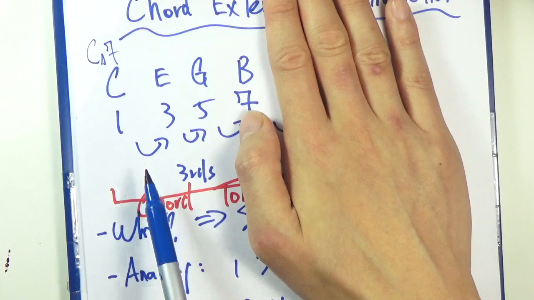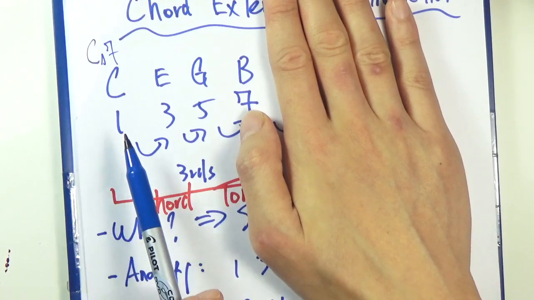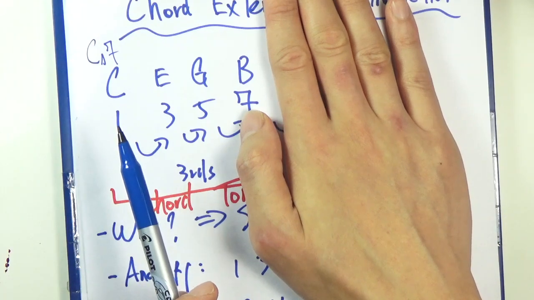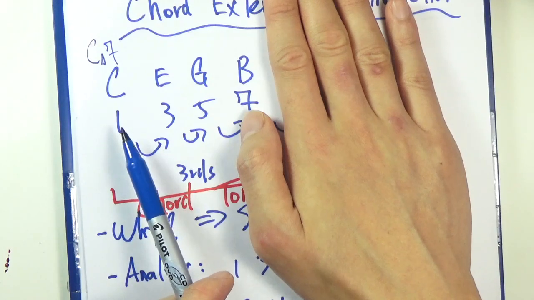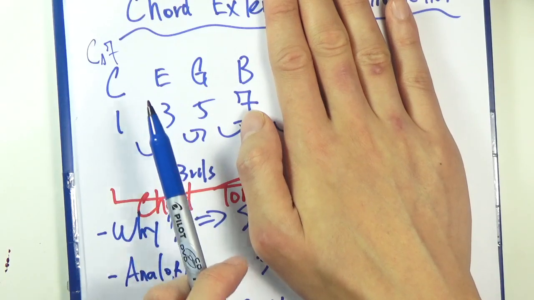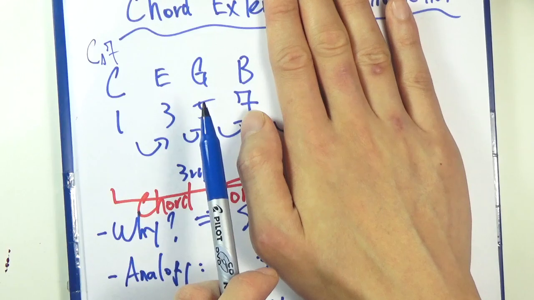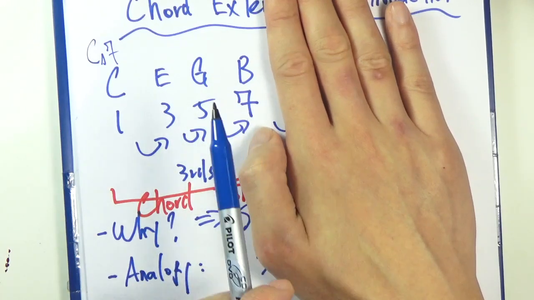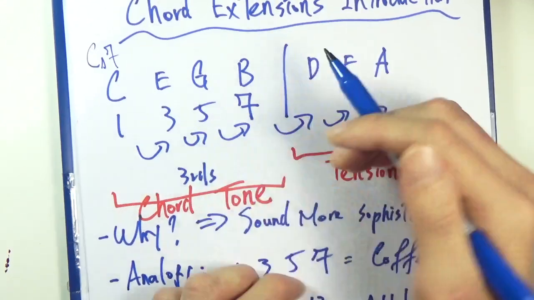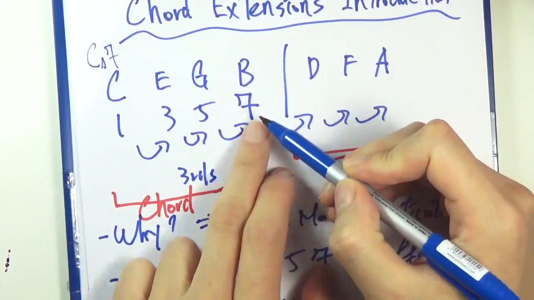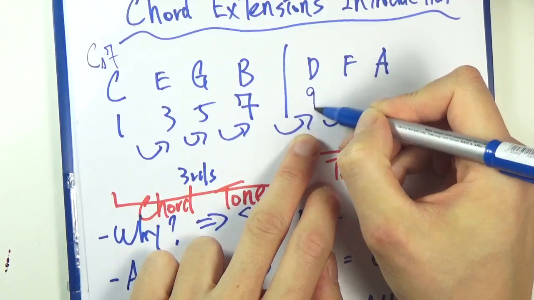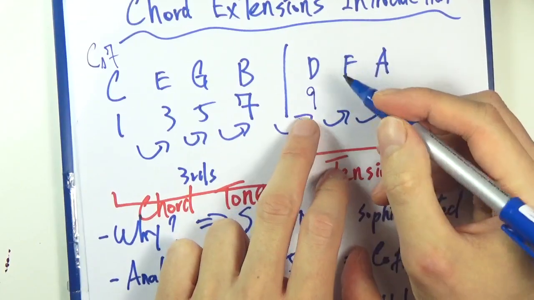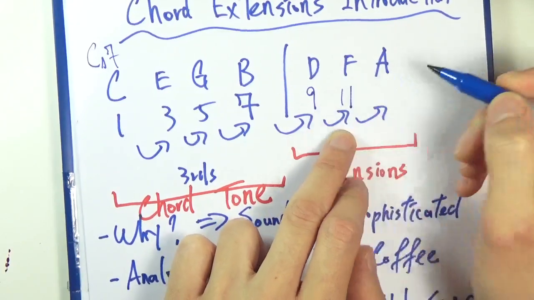And if you remember, chords are built or stacked in thirds, meaning we have the root here. The next note would be a third. You go up another third, we have the 5th. Another third up, you have the 7th. And actually, you can continue in this manner a few more times. So 7th, go up a third, then you have 9th. Go up another third, you have 11th.